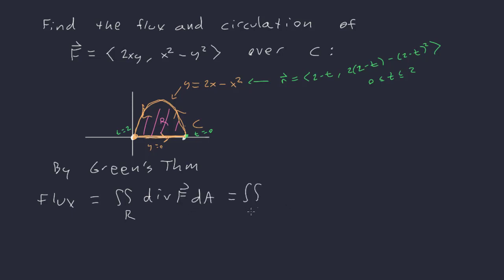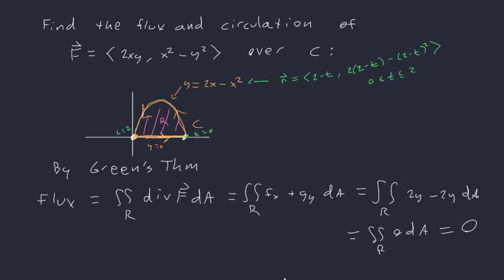Well, the divergence of F, if we remember, is f sub x plus g sub y. So that will be the double integral over R of, well, f sub x will be 2y plus g sub y, which will be a minus 2y dA, and look at that, we get the double integral of 0, which is 0.